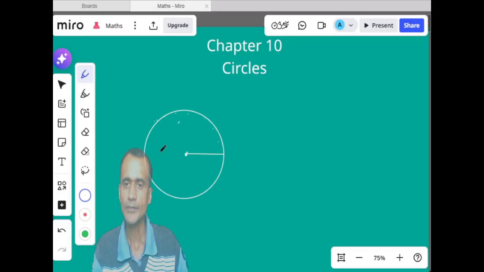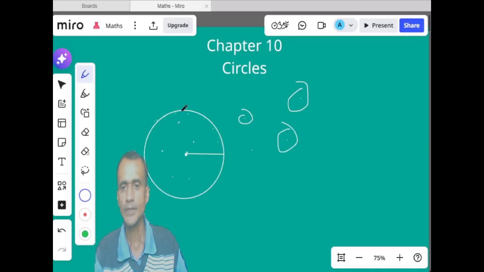This point, this point, this point, this point, this point are inside the circle, and this point, this point, this point are outside the circle, and this point is on the circle.